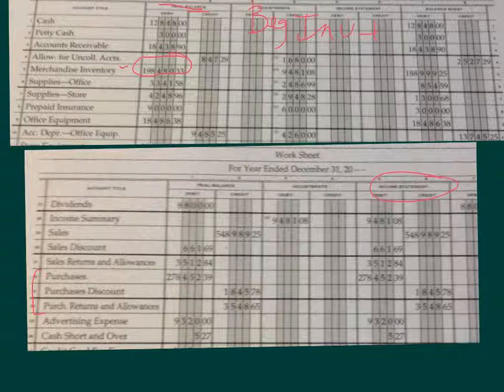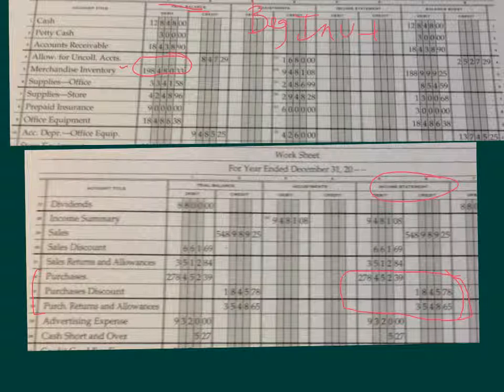So our net purchases in a simplified form will be the total of $1,845.78 plus $3,548.65, adding those two numbers together, and subtract that from your purchases amount of $278,452.39.